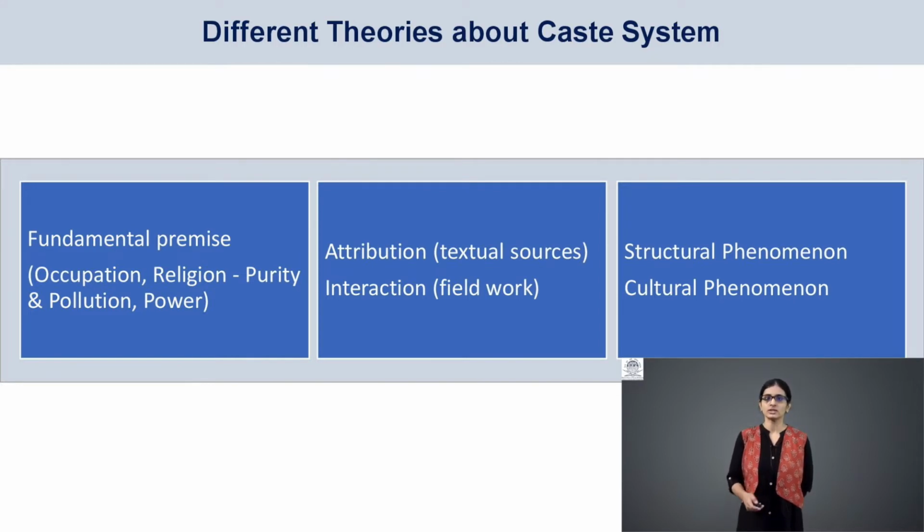Now the third set of theories are those which look at caste as a type of phenomenon. So for instance, if they look at caste as a structural phenomenon, then they will see it as a system among hierarchically ranked hereditary groups, or they could look at caste as a cultural phenomenon, where the worldview is based on certain values or a cultural system.